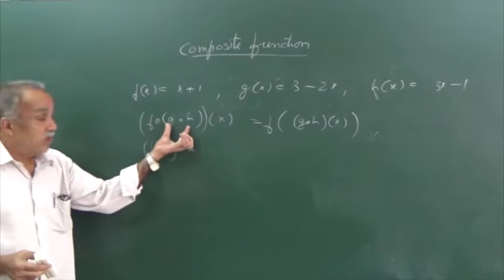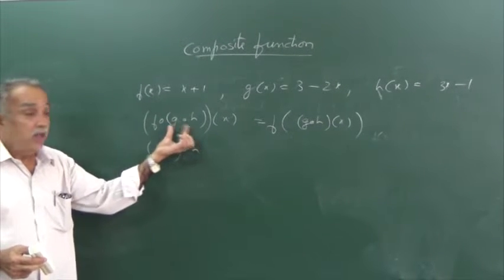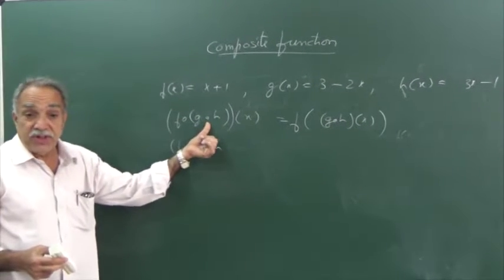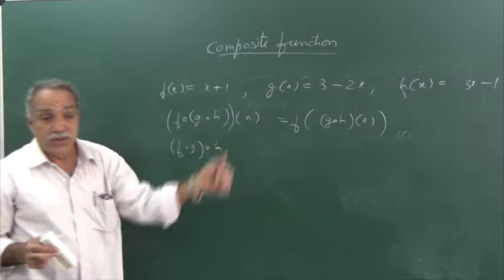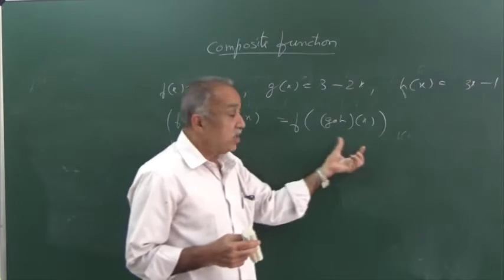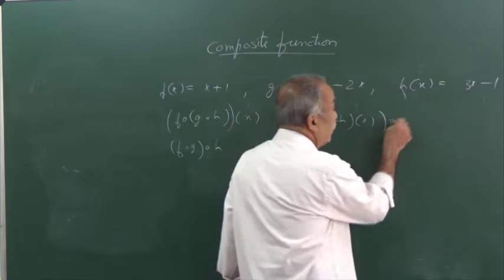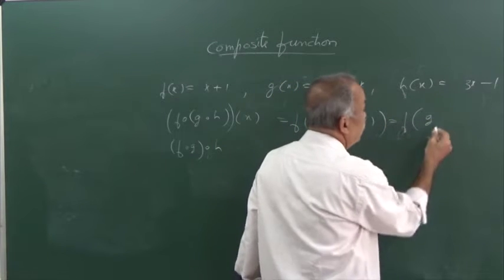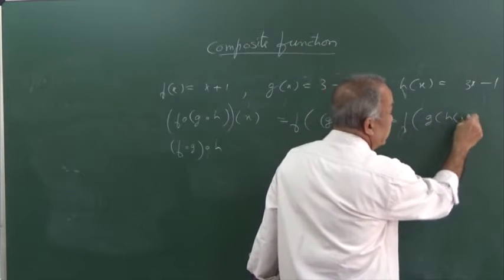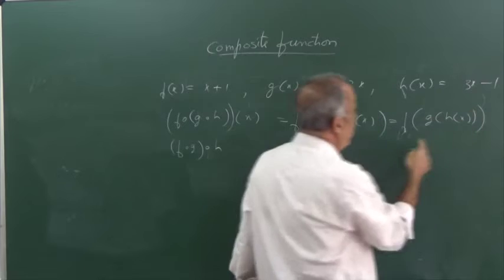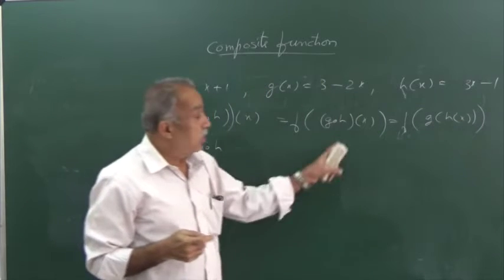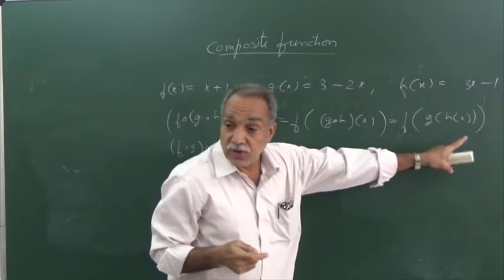Treating this as one single function t, my requirement is f composite t, it is f of t of x. Now, for computing this expression, first I must obtain this. This is f of g of h of x. Am I right? g composite h of x is g of h of x.